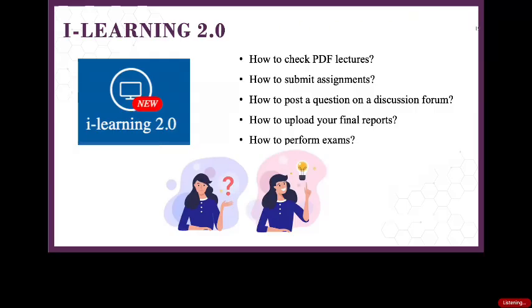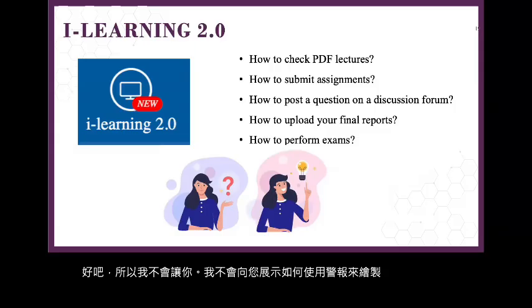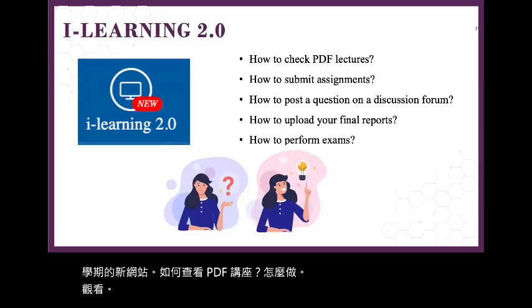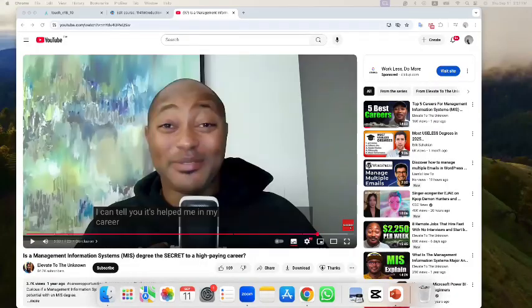Okay, so I will show you how to use iLearning 2.0 because this is a new website for this semester. How to check the PDF lectures, how to watch the lecture videos, and then how to submit assignments, and how to do a lot of things. Okay, let me go here.